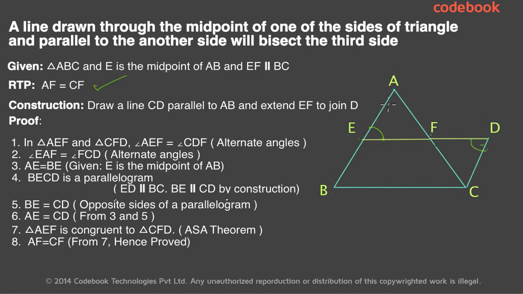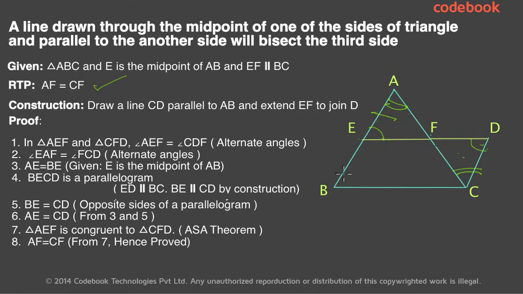Similarly, we know that angle EAF is equal to angle FCD because AB and CD are parallel and AC is the transversal, so these two are alternate angles. If we prove that AE and CD are equal, then we can say these two triangles are congruent by the ASA theorem. So let's see if we can prove AE is equal to CD.